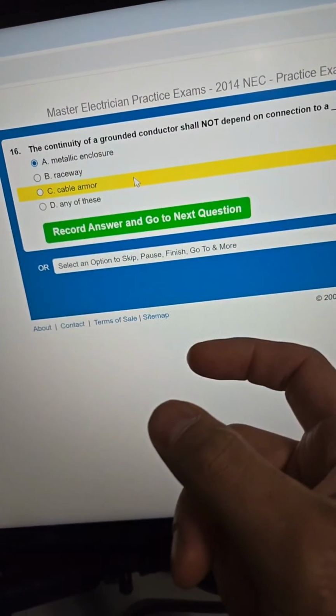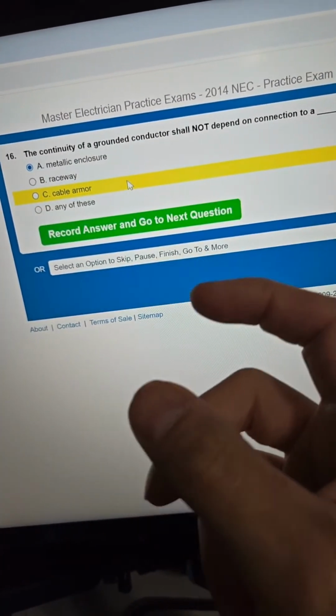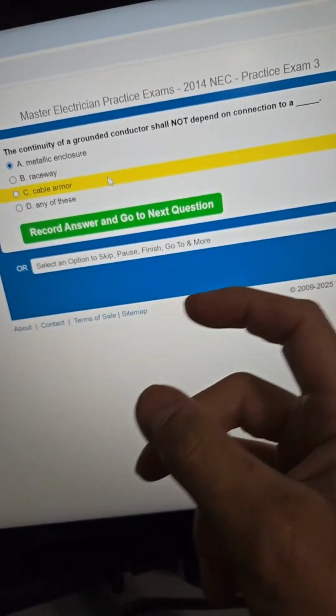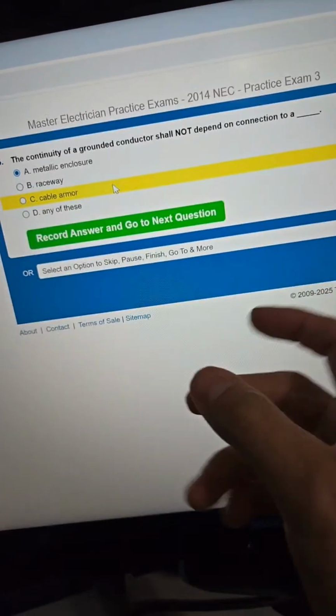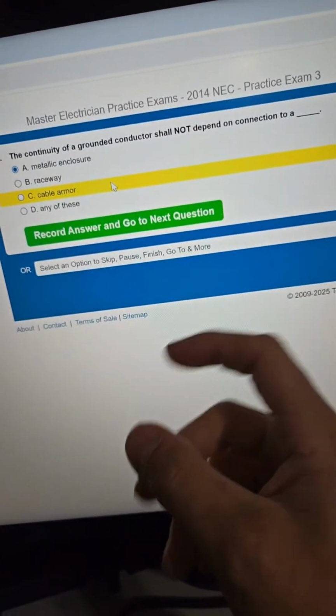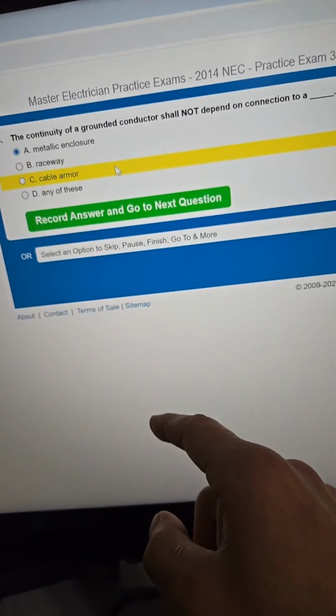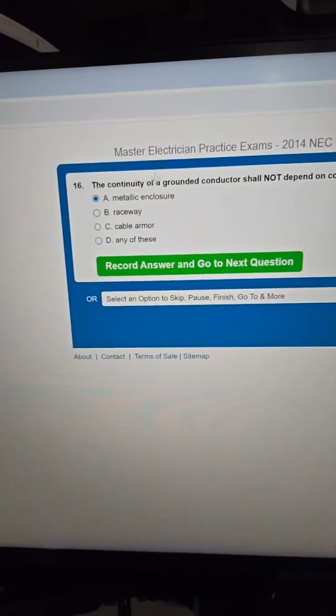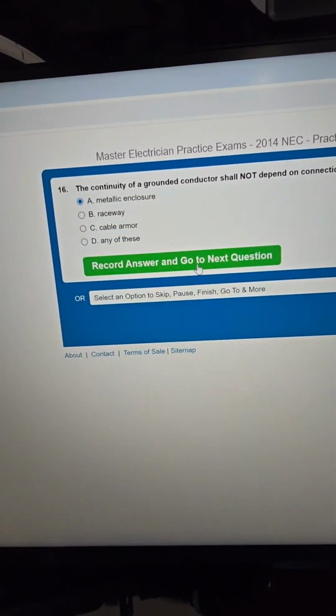So you wouldn't want to have an isolated neutral floating on a plastic hub, if you will, or a plastic isolator, and then having a screw to touch it to the case to make it bond. This is the neutral, grounded. It's going to be metallic enclosure.